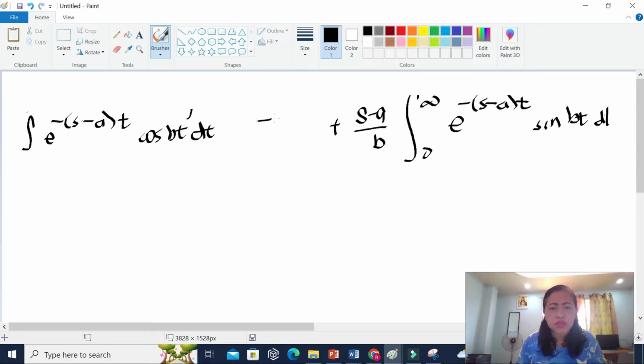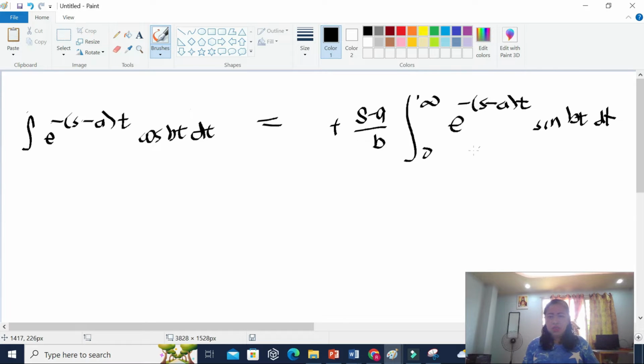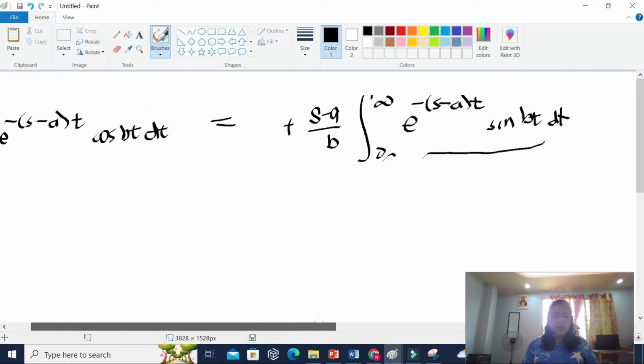Kasi color white. Ayan. Okay, no? So, sine of bt dt. Okay, no? Okay? So, taking a look at this, okay, ito, pwede na naman tayo dito mag-integration by parts ulit, okay, no?